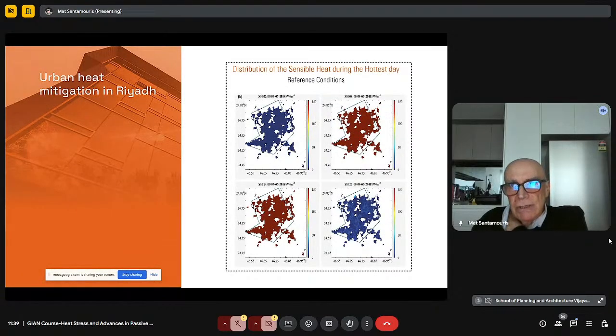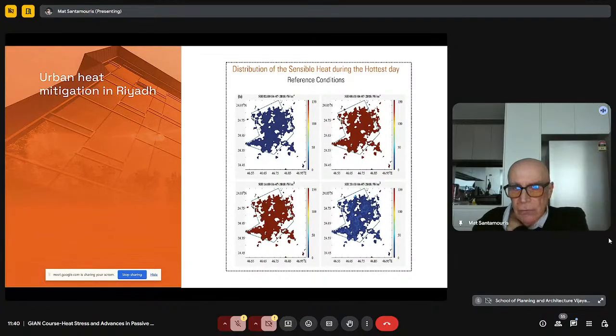But how to reduce the sensible heat at the city scale? Why do we have a high sensible heat release? Because the temperature of the surfaces is quite high. The sensible heat is a function first of the temperature difference between the surfaces and the air, and also of the wind speed at the specific area.